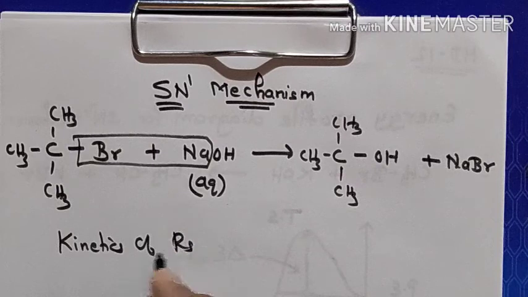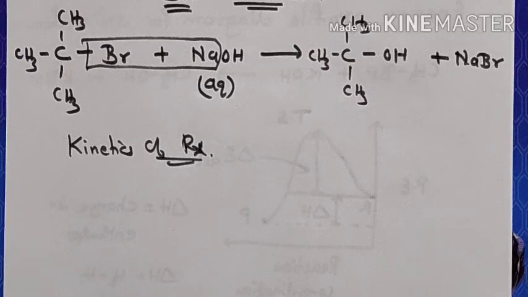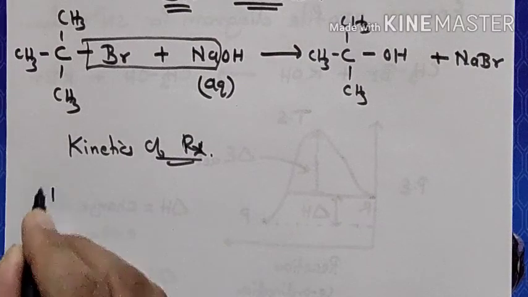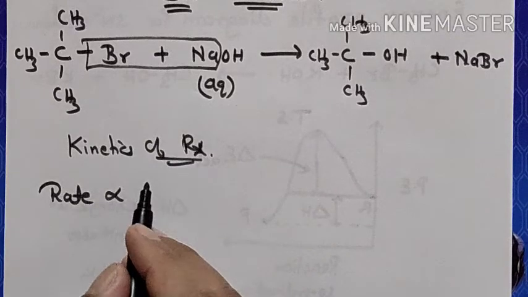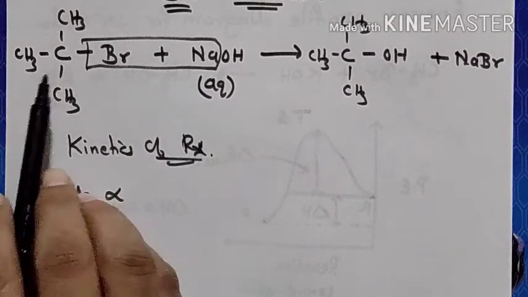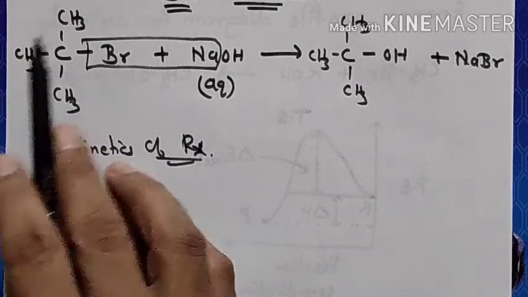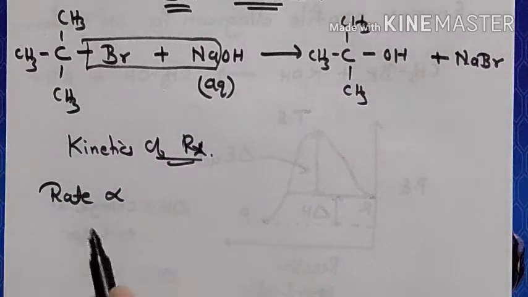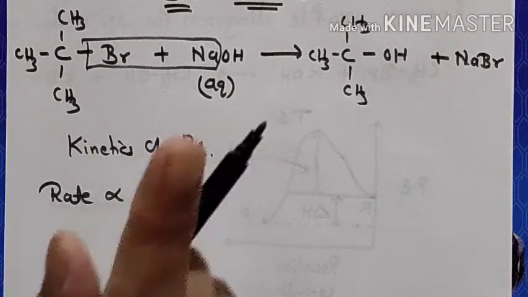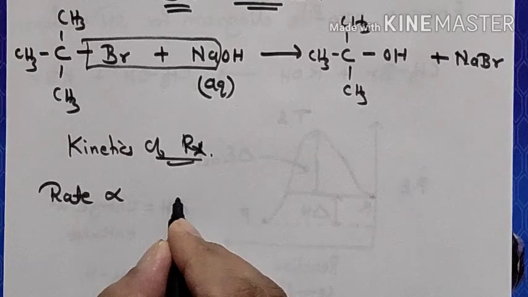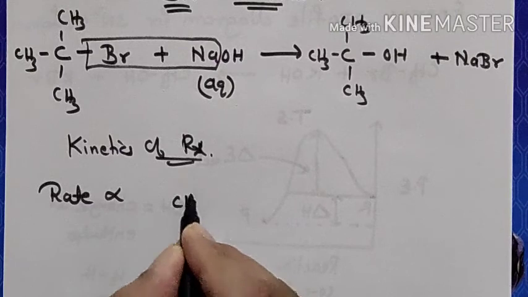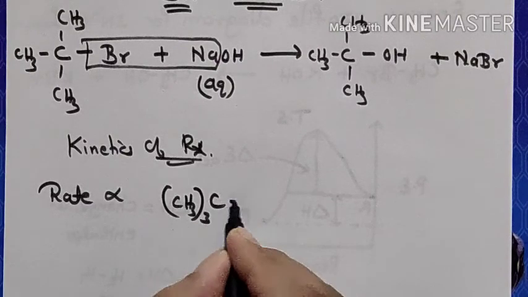Kinetics of reaction. We have also discussed that in the SN2 mechanism, if you remember. So here the rate of reaction will be directly proportional to, see, we have two reactants, one is tertiary butyl bromide, the other is NaOH. But the rate of reaction only depends on (CH3)3CBr.